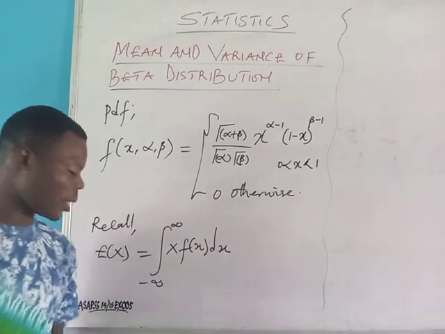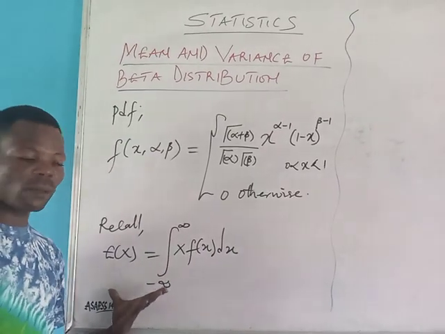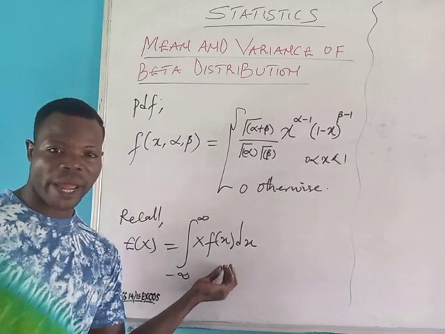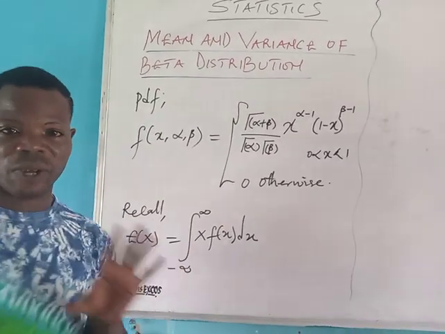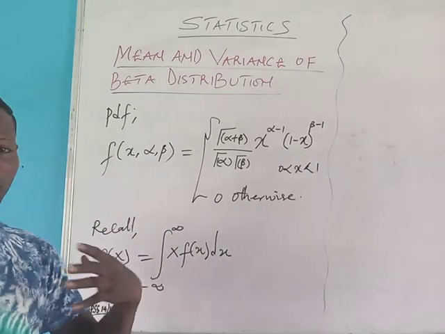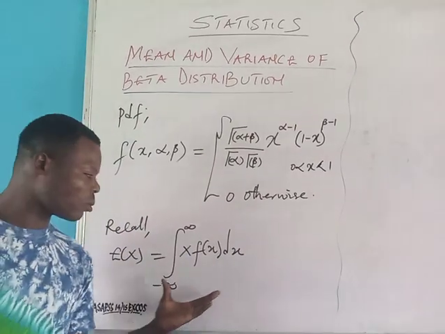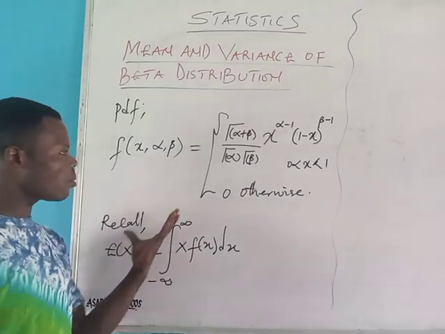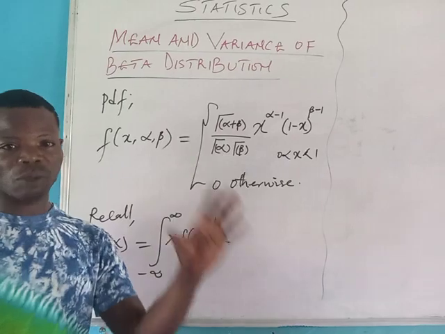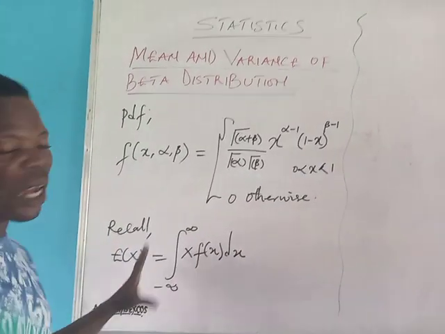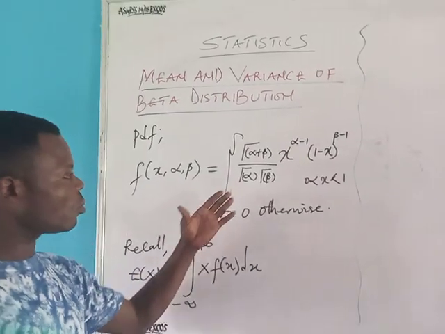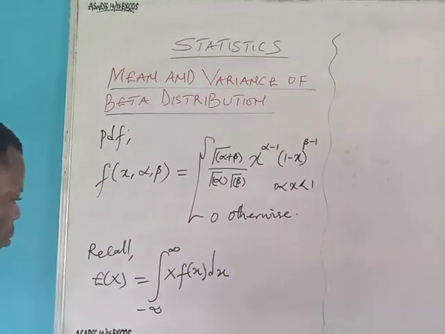So this is the mean or the expected value of any continuous random variable x with the method of moment. Don't forget, we also have other methods which we can use, but we want to finish finding the means and the variance of all these distributions with the method of moment, and after that we go to other methods in order to know how they can also be derived.